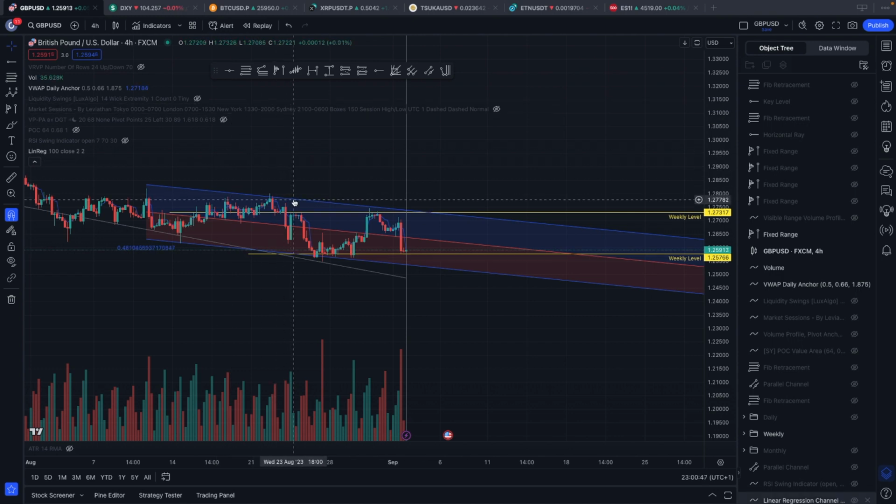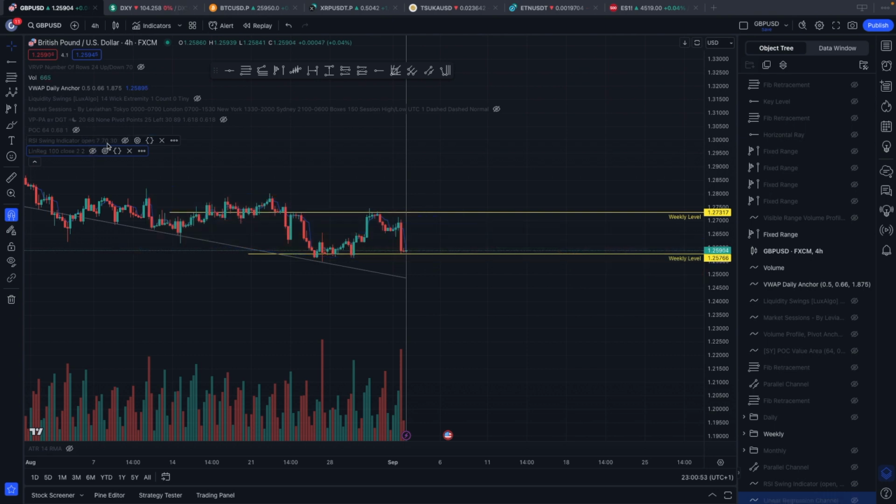So that's one indicator that I find slightly useful. We've got the RSI one. This is obviously never really accurate. Sometimes it's good, but the only reason I use it is because it provides you with a better overview.